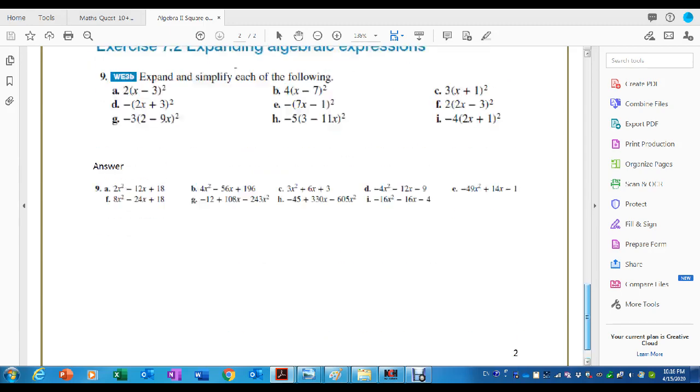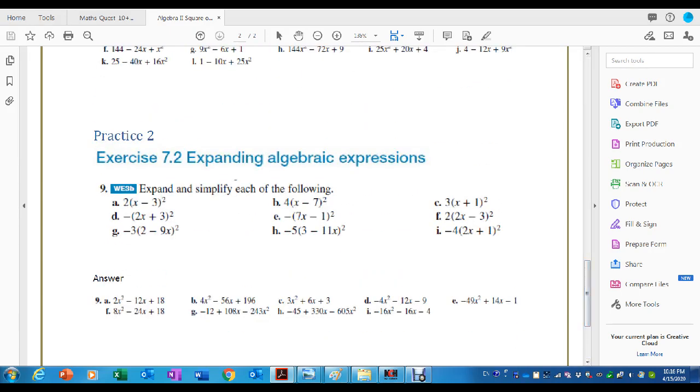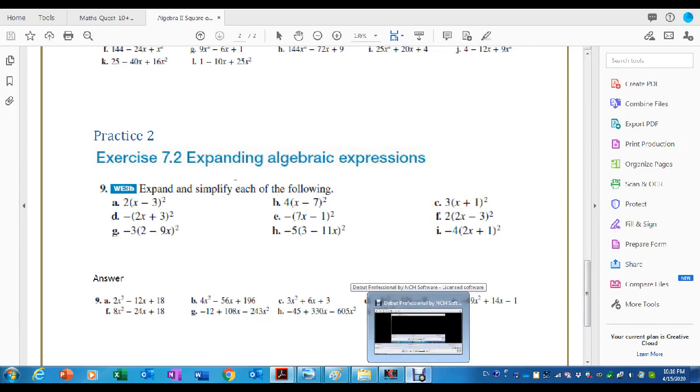If you have any problem, please leave your message in the collaboration area in our OneNote. After you finish the homework, please take photos and send your photos to the folder in the OneNote.